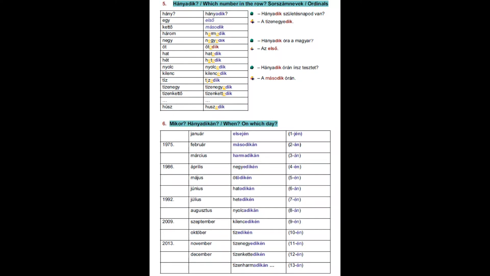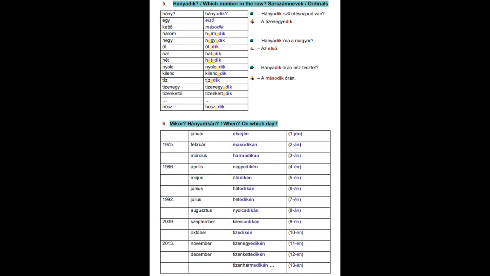So we're going to use vizsgát. Okay? Hányadik órán írsz vizsgát? On which hour, which number of the hours, your classes, right, are you going to write a test? Okay, that you're going to take a test. And the answer is a második órán. What is második?